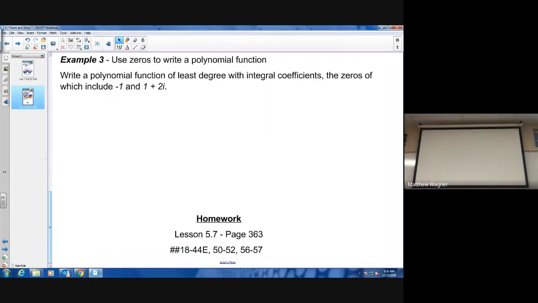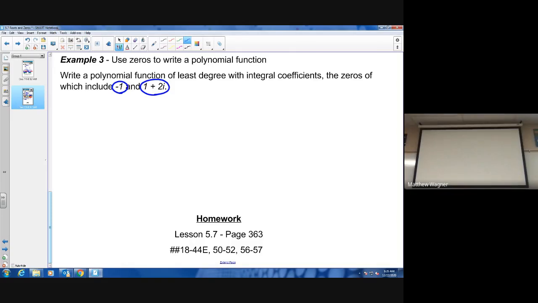The last thing we're going to look at today is not just finding or classifying zeros, but actually writing functions. It's a little wordy, but all we really care about are these two. This is one of the more challenging questions, because we do have that complex answer in a plus bi form.